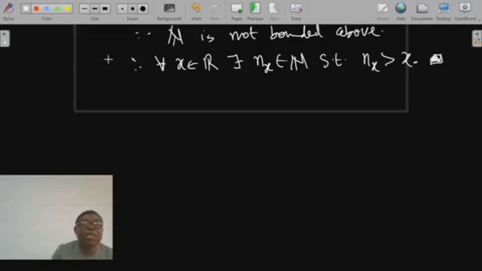So what does the exercise say? I think this is Exercise 4.